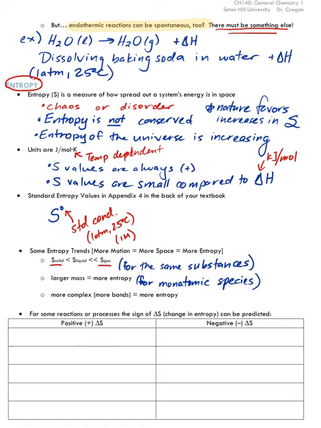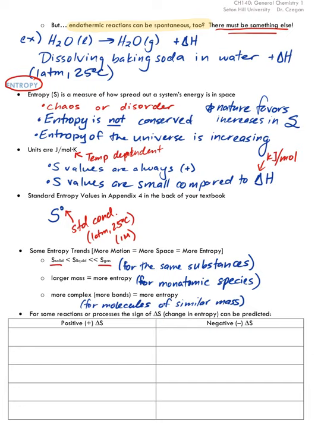The last trend is that the more complex a molecule is, the more entropy it has. And this would be for molecules of similar mass. Complexity for a molecule typically means more bonds. So the more bonds you have, the more atoms you have, the more entropy there is.